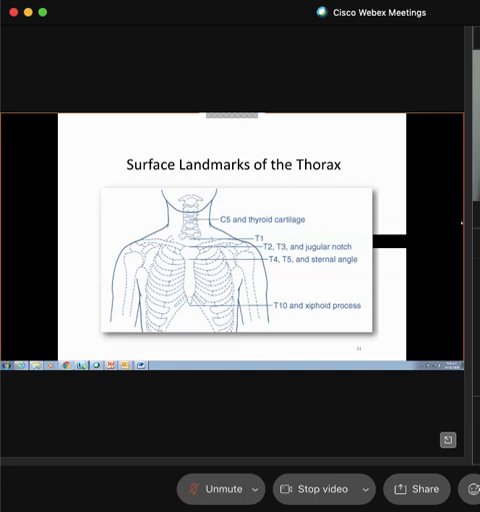What else lies at the level of T1? Your first set of ribs. First set of ribs. Posterior ribs. First set of posterior ribs lies at the level of T1. So why is the vertebral prominence so important?